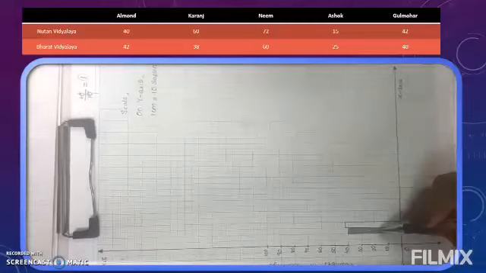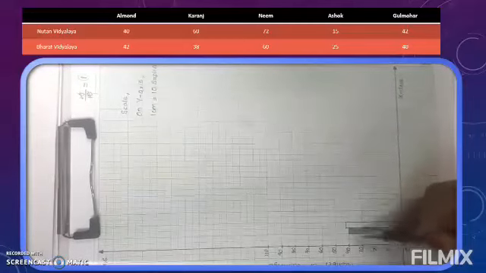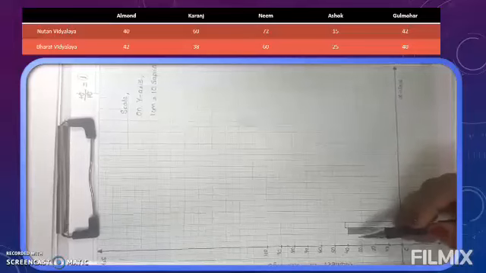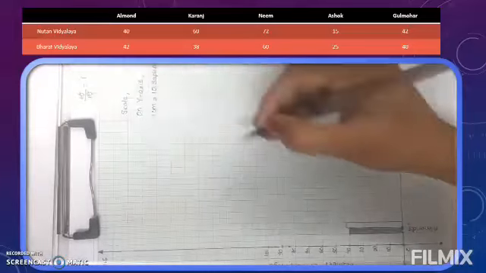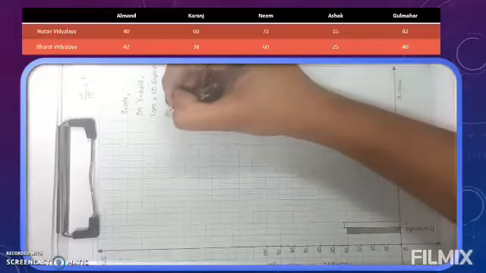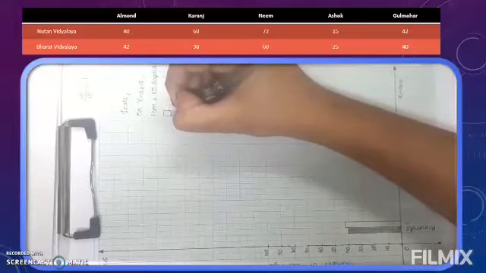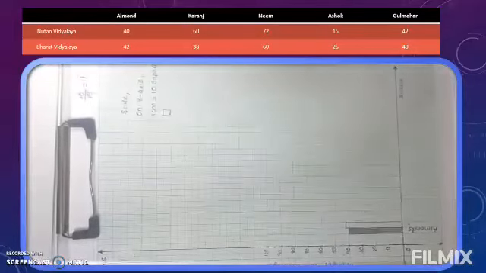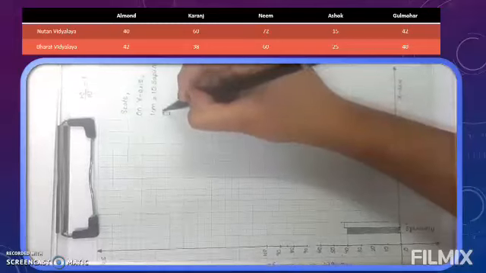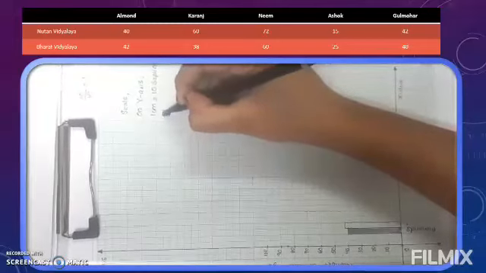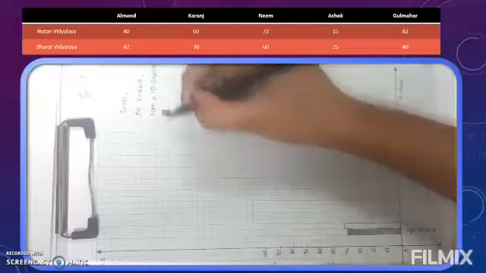Now our first bar is showing information about which school? We plotted 40, and that 40 is for Nutan Vidyalaya. So here in the scale, I told you we will add more. We will draw one box, shade it, and write which school this shaded bar is about.